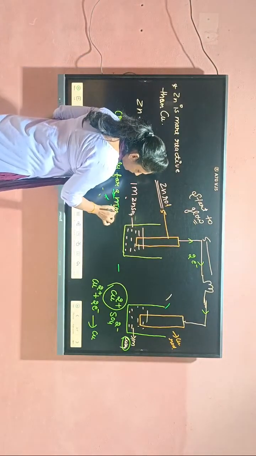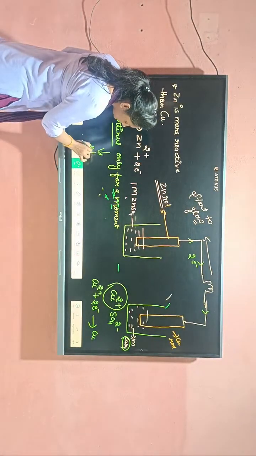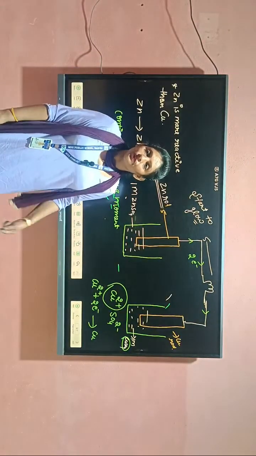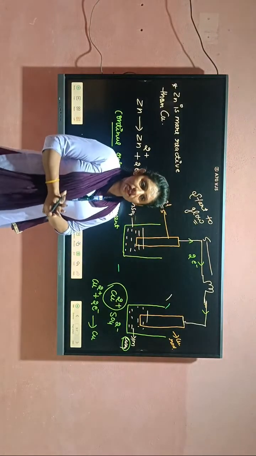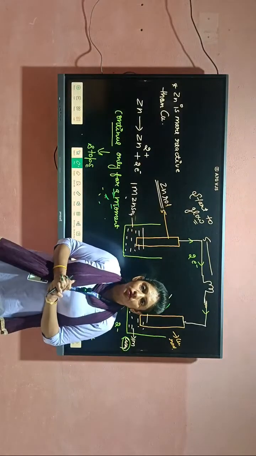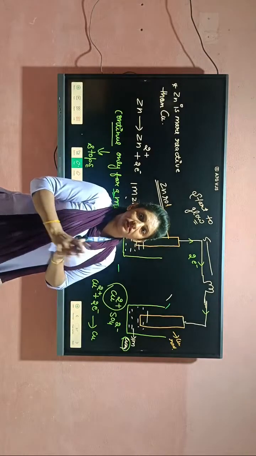After some time it stops. You know, this setup of ours does not run for a long time. It doesn't run for a long time. It gets stopped after some moment only. Why does it happen?